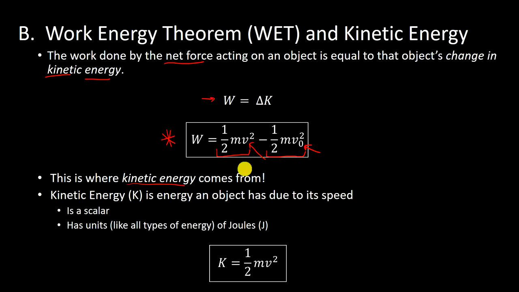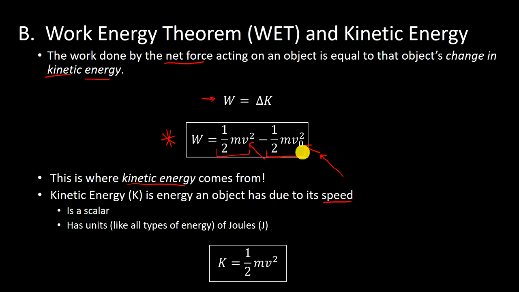They coined the term kinetic energy because it's based on v, the speed or velocity of an object. So when work is done, there's a change in kinetic energy. Kinetic energy, therefore, was just pulled from this equation, and it was defined as the energy an object has due to its speed. Again, just because there's speed in that equation.